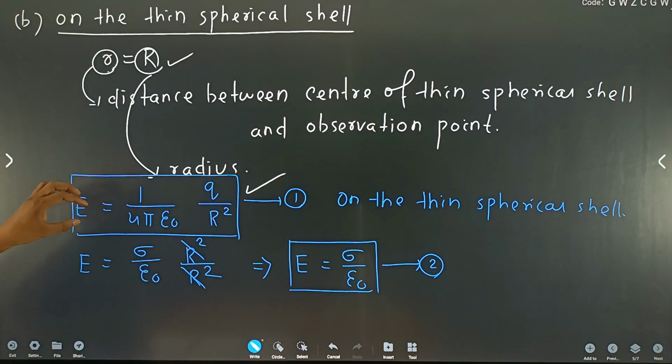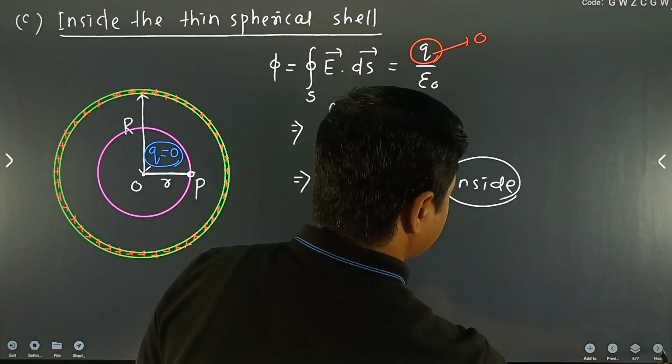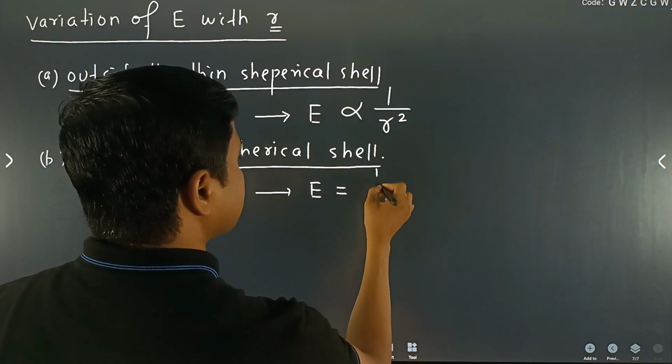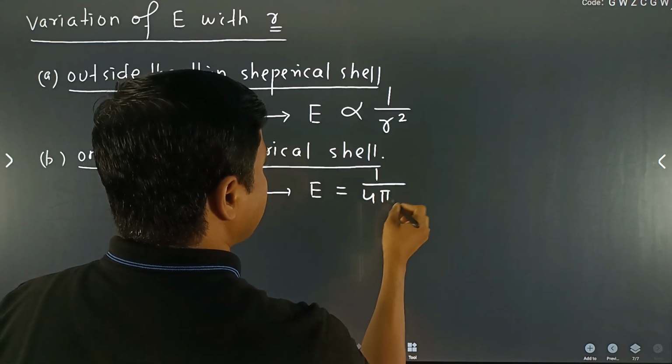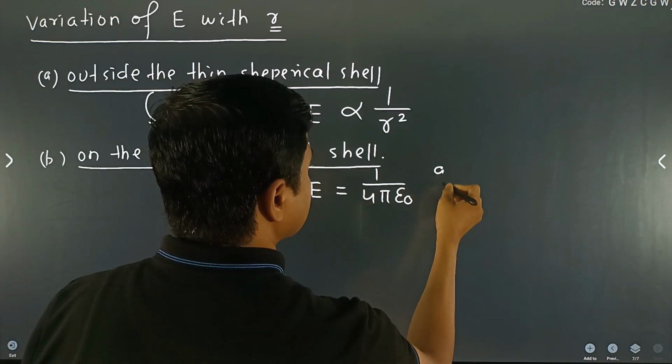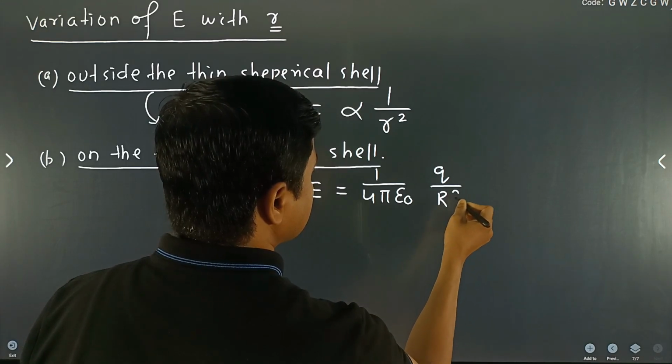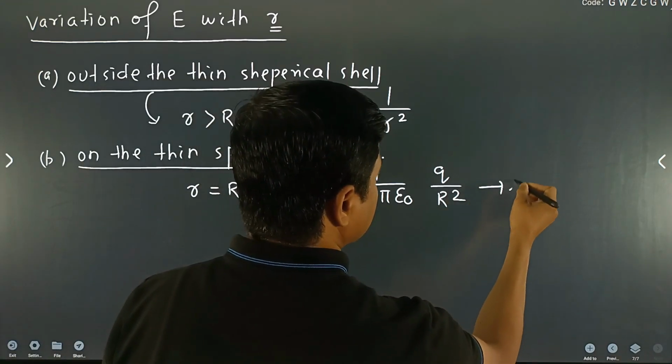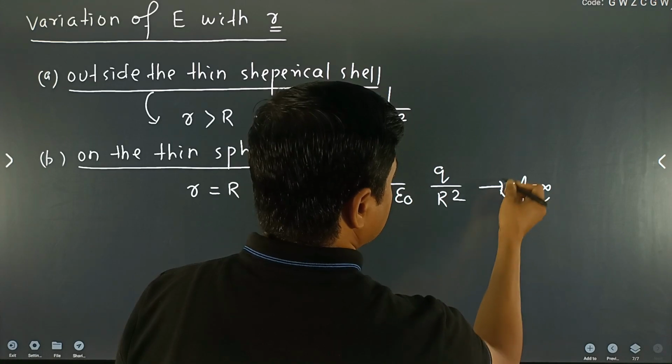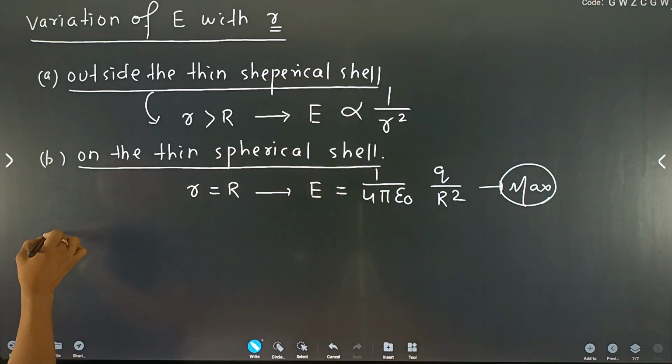This is the magnitude of electric field on the thin spherical shell, and this is the maximum value.